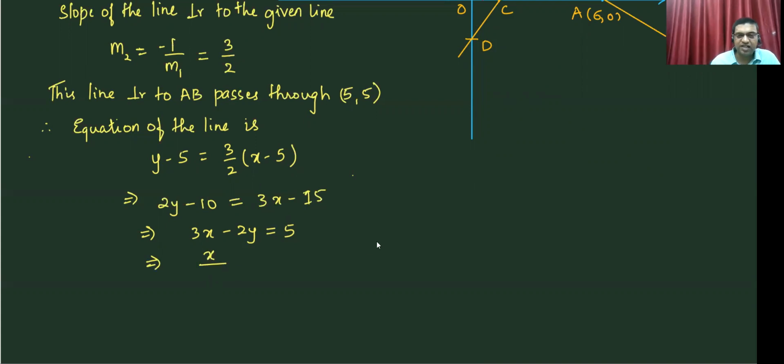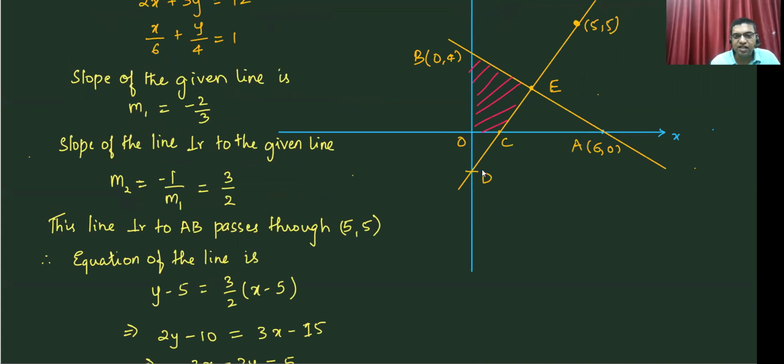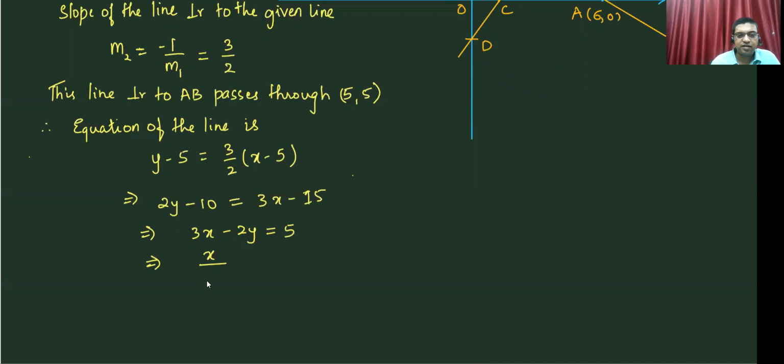Why? Because I'll straight away get the values of C and D. x by 5 upon 3 plus y by minus 5 upon 2 equal to 1. Got it? Why did I do this?